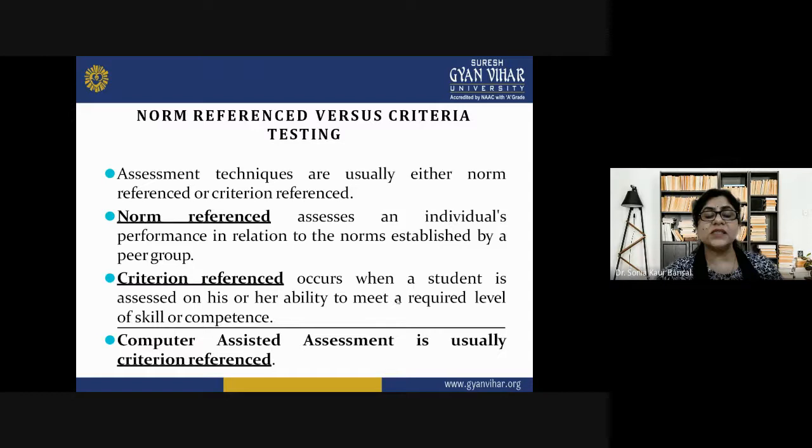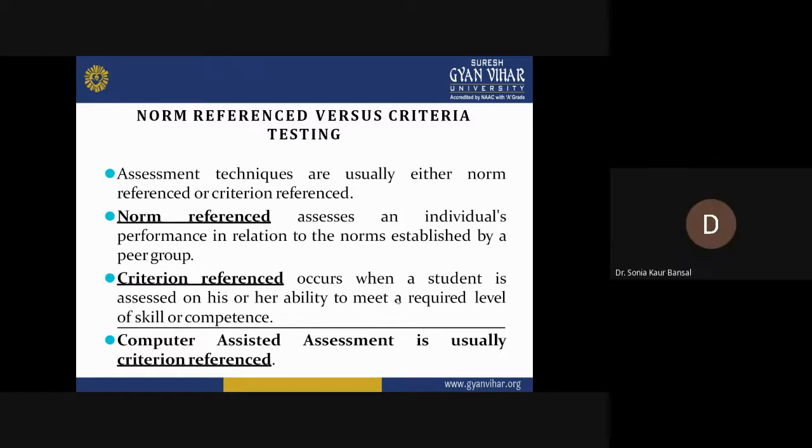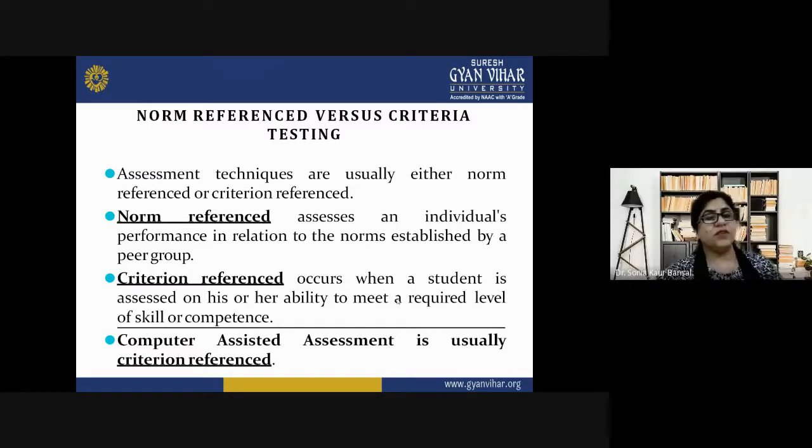But criterion reference test occurs when a student is assessed on his or her ability to meet a required level of skill or competence. Computer assisted assessment is usually criterion reference test. Remember, students, we were discussing computer assisted assessment, and that includes criterion reference test.